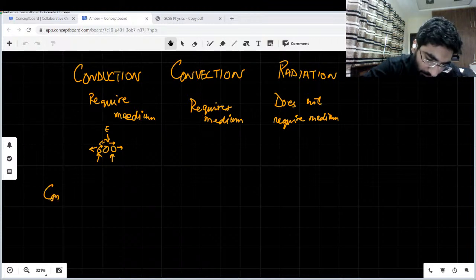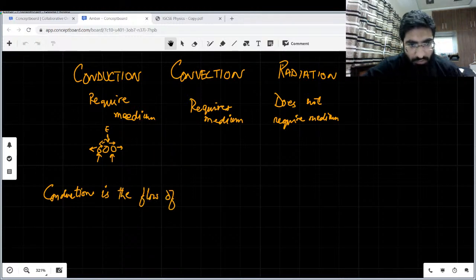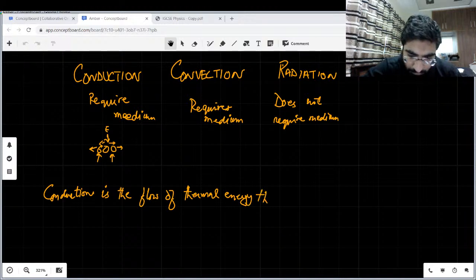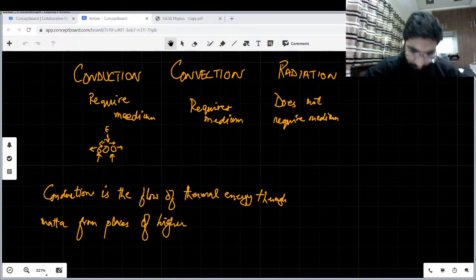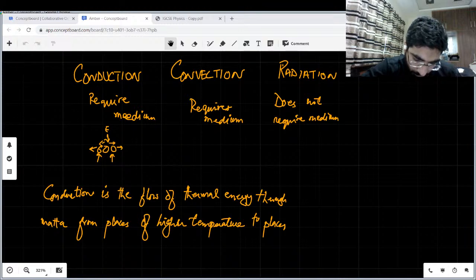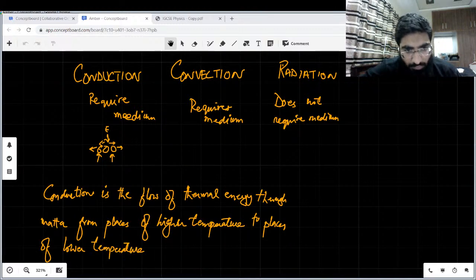Conduction is the flow of thermal energy through matter from places of higher temperature to places of lower temperature without movement of the matter as a whole.